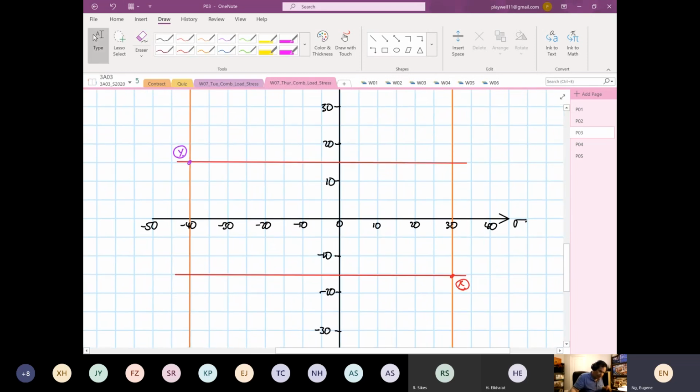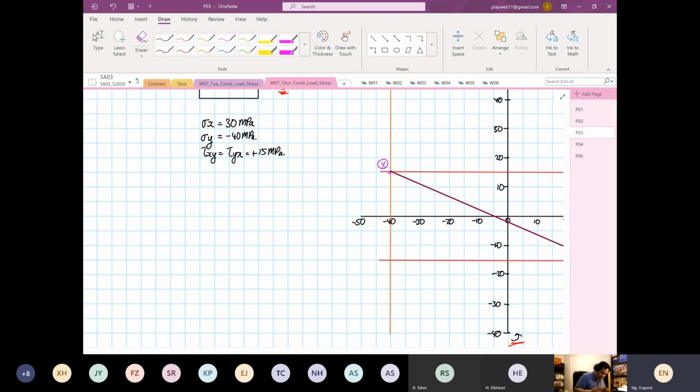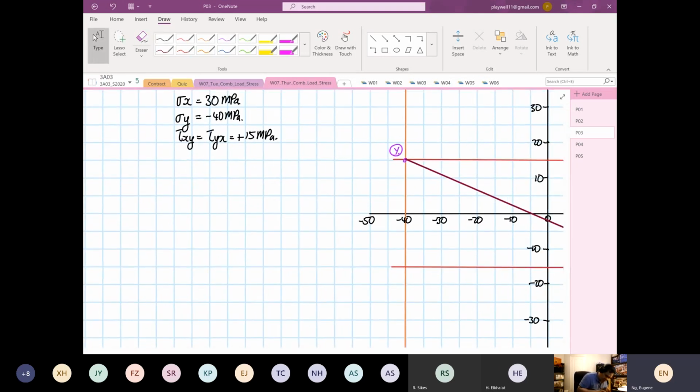Okay, so from here, you can draw the center of the circle. You can immediately calculate the center of your circle. Very standard procedure. The center of the circle is your average stress. So it's equal to stress X plus stress Y divided by 2.